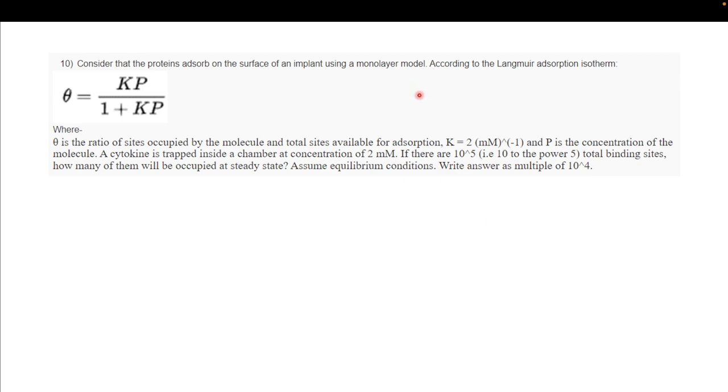We know the value of K, the concentration of the molecule, and that the total binding sites are 10^5. So your denominator we already know is 10^5. We just want to know how many of these sites will be occupied by our cytokine on the implant surface. You already have the formula, you just have to put in the values and get the answer.